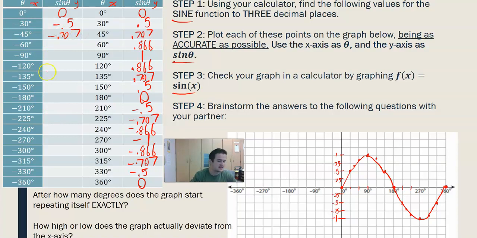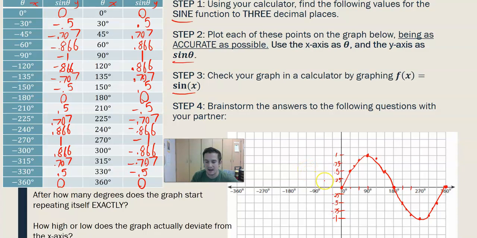Sine of negative 60 is negative 0.866. You see where I'm going with this? The sines of the negative angles are the opposites of the sines of the positive angles. So here I'm going to have negative 1, negative 0.866, negative 0.707, negative 0.5, 0, positive 0.5, positive 0.707, positive 0.866, positive 1, positive 0.866, positive 0.707, positive 0.5, and back to 0.